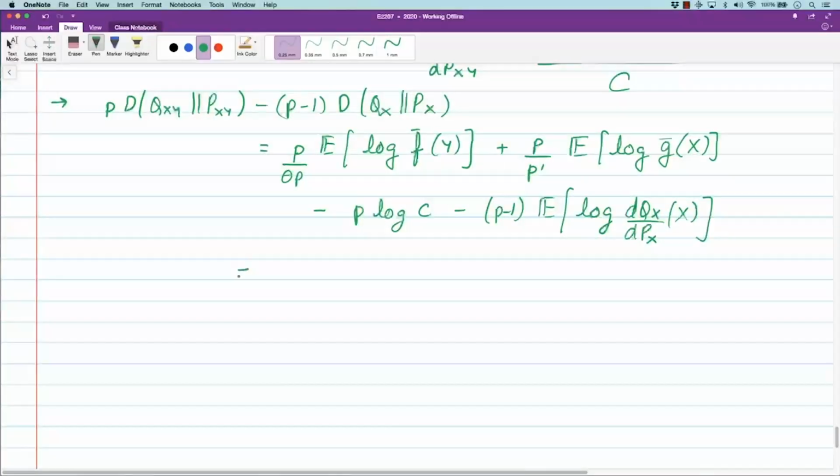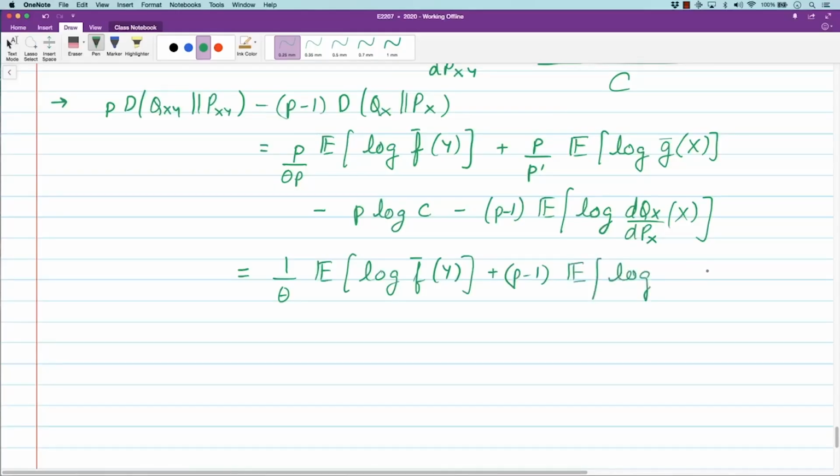So in fact, this here is equal to 1 by theta times the expected value of log f bar(Y) plus (p minus 1) times the expected value of log g bar(X) by dQ_X by P_X.